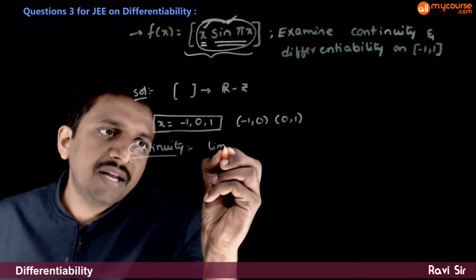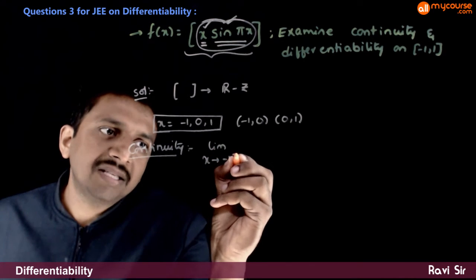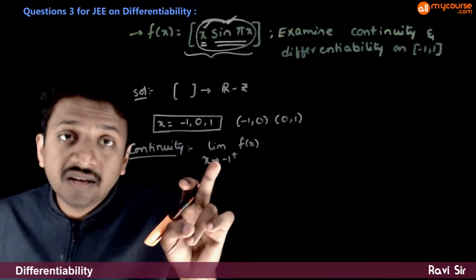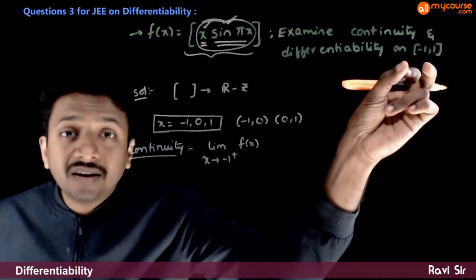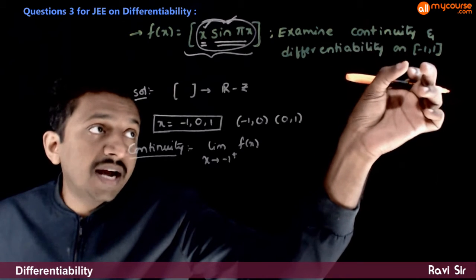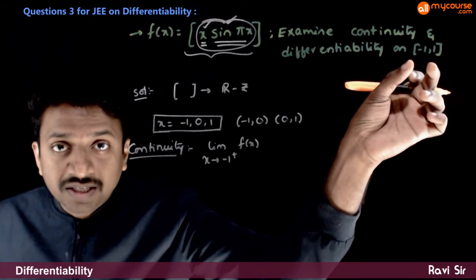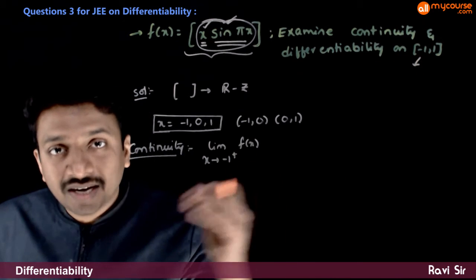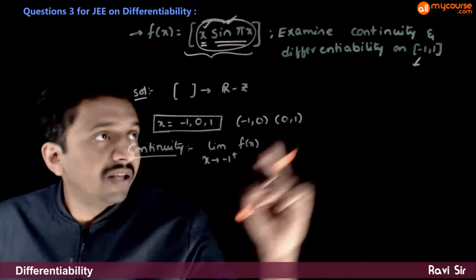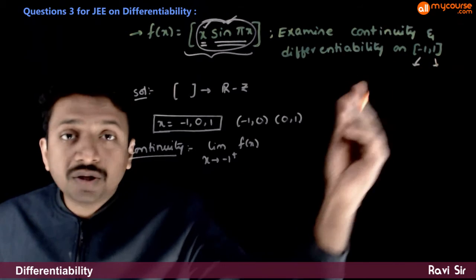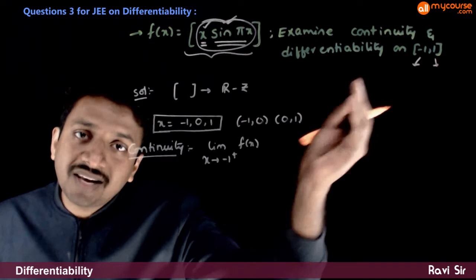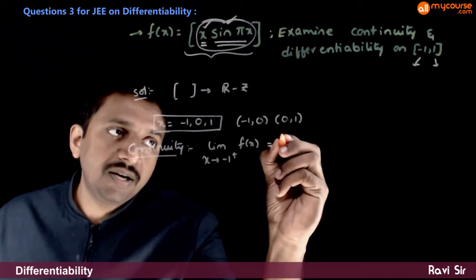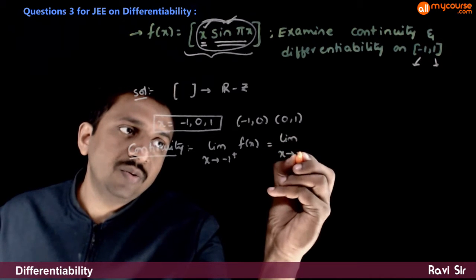If you want to examine the continuity in closed -1 to +1, at x is equal to -1, you just need to be right continuous. You don't need to check the left continuity. And at x is equal to 1, you don't need to check the right continuity, you just need to check the left continuity. So what is limit x tends to -1 plus f of x?